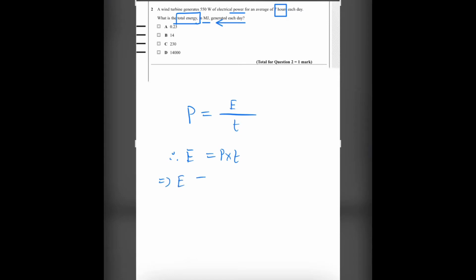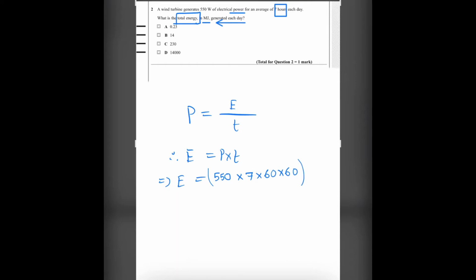Each day it operates for 7 hours, so the time is 7 hours, and for each hour there are 60 minutes, and for each minute there are 60 seconds. We have to convert the hours to seconds, and we have power of 550 watts. If we do this math, we will get the energy in joules.